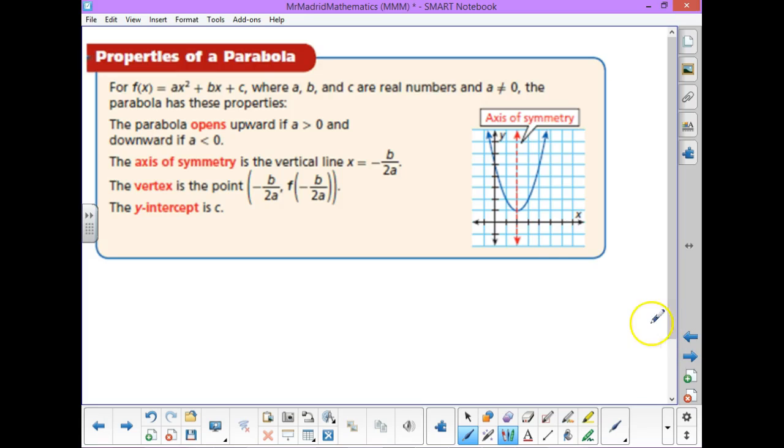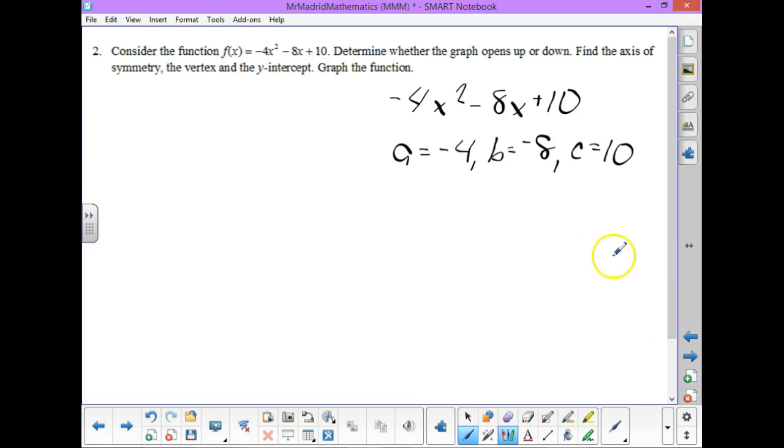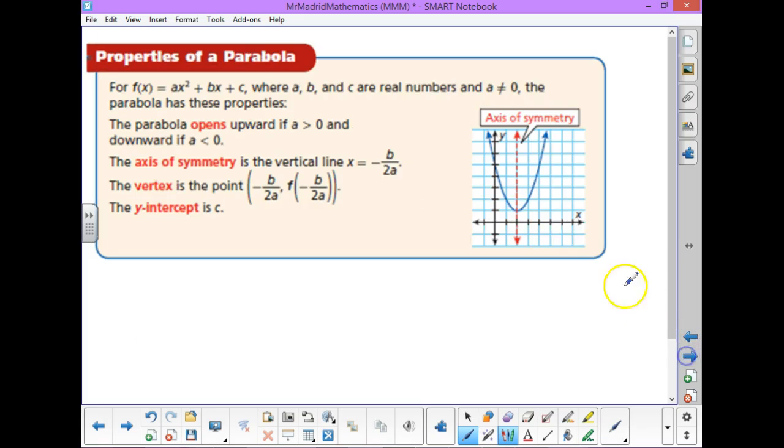Alright, so if you look at the notes you're being asked to have in your notebook, it works exactly in that order. So, opens upward? Let me start off with the problem. By looking at it, how do I know if it opens up or down? Let's go to our notes. First you look at A, and if A is positive, it's up. If A is negative, it's down.